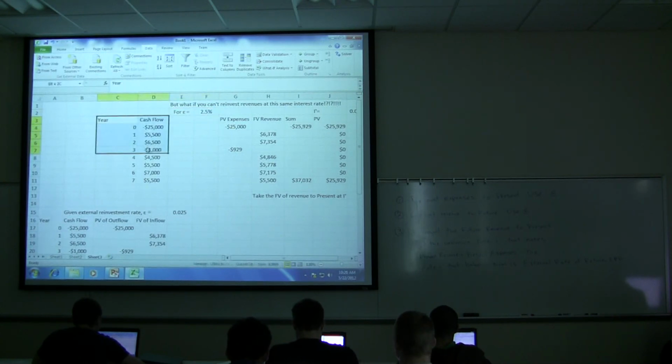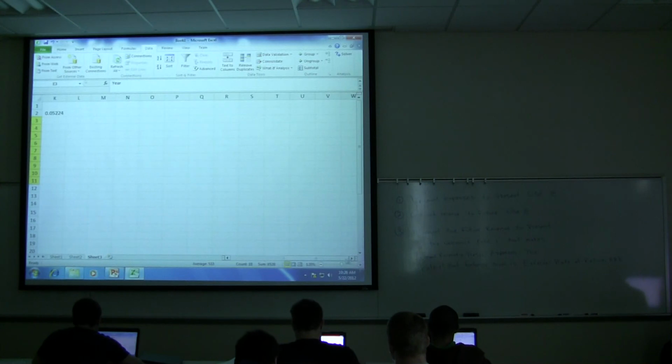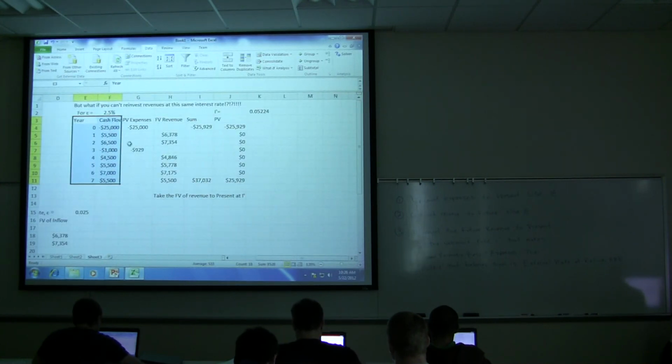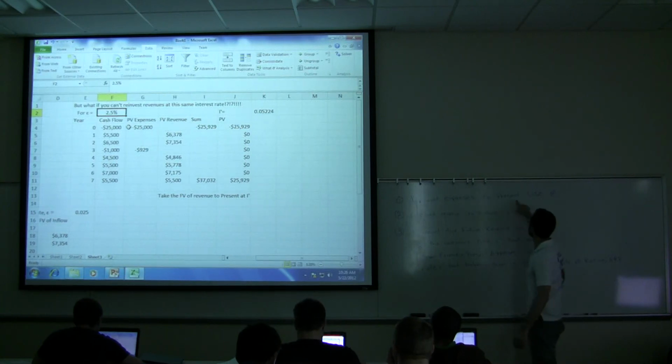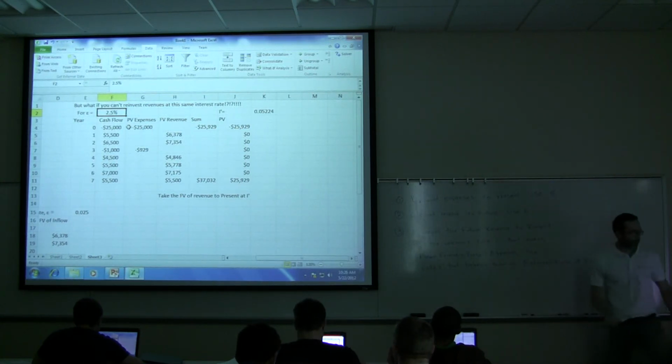Now for the rest of this solution, what I'm doing is I've got a certain cash flow, that's the given, and also the given is the external reinvestment rate. So I find the present value of the expenses at epsilon. So discount expenses to the present. Use epsilon. Step 1.